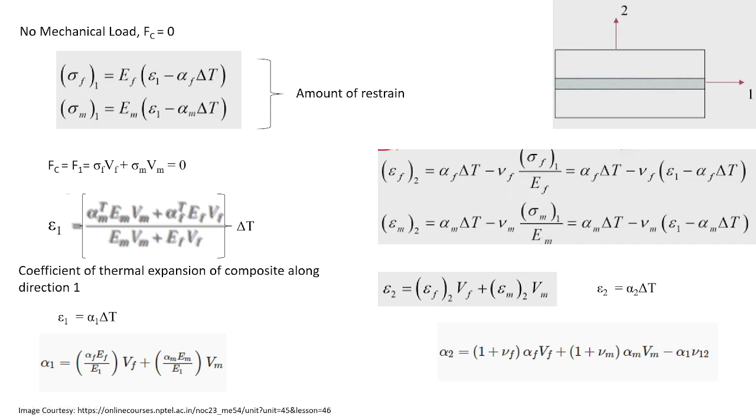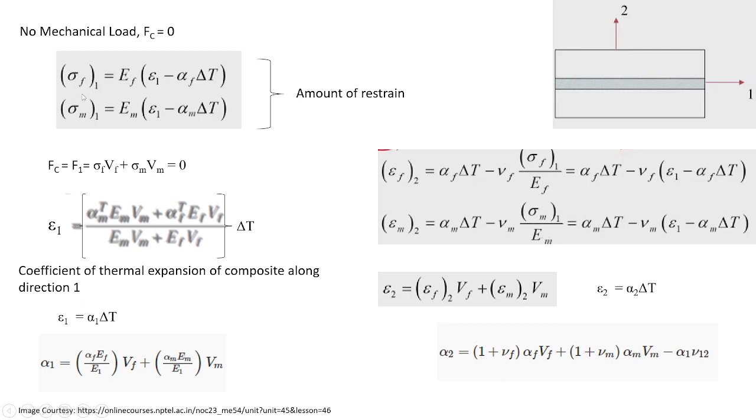So when we are considering the stress of the fiber in the composite, we have to subtract from the stress of the fiber in that direction whatever will happen when the fibers are in the free state because of thermal expansion. This whole term is known as the amount of restraint on the fiber and the matrix. As initially I said that there is no mechanical load, the total stress on the composite will be zero, so the total load, sigma_f V_f plus sigma_m V_m, is equal to 0.